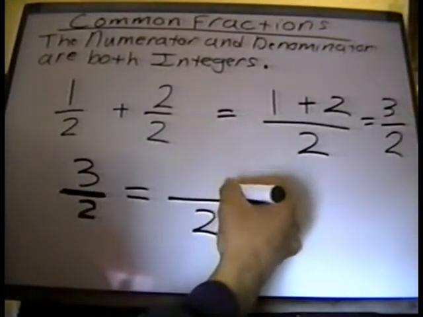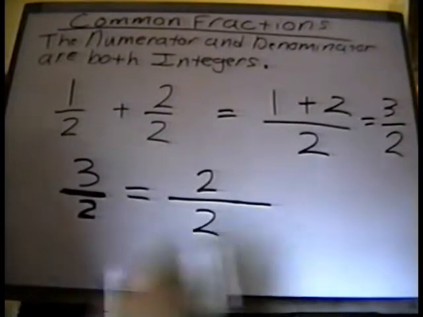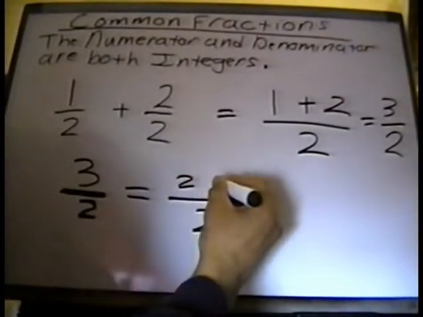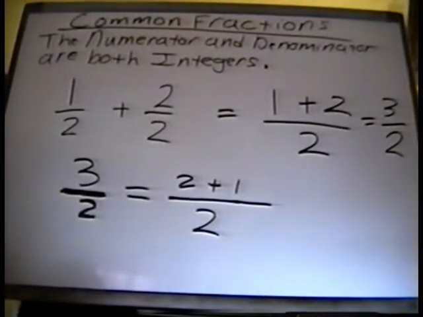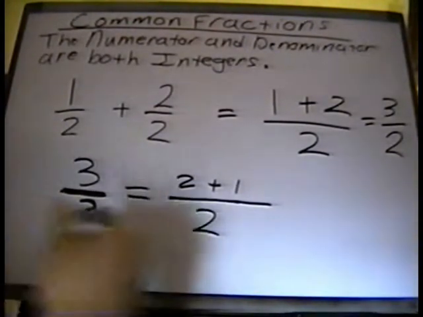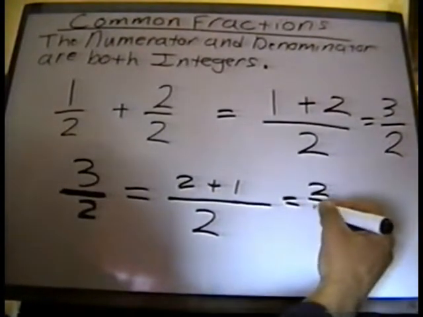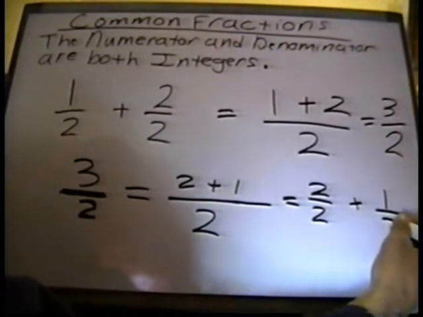So we know that 2 plus 1 equals 3. So we write 2 plus 1 above that. And then here we further separate that into 2 over 2 plus 1 over 2.